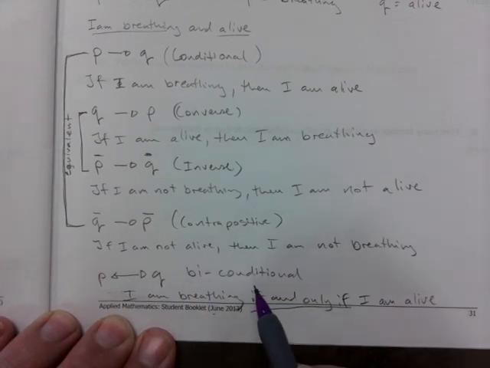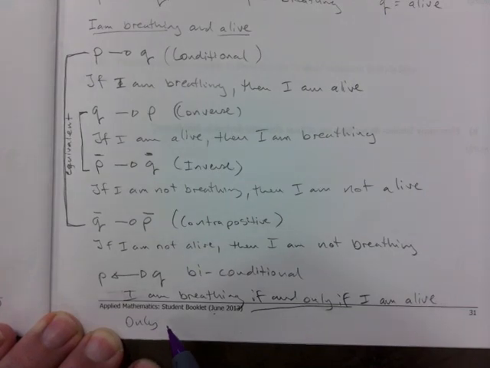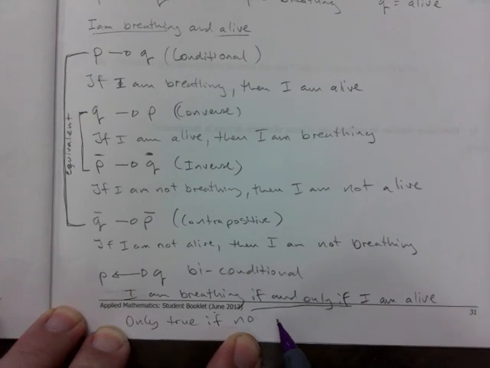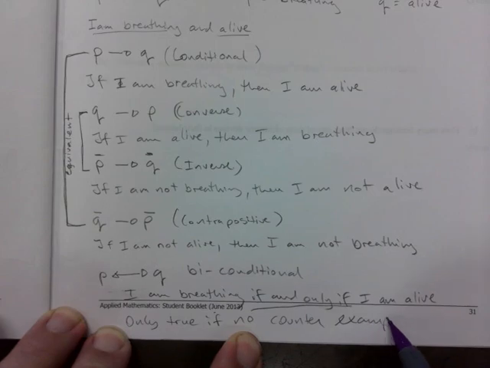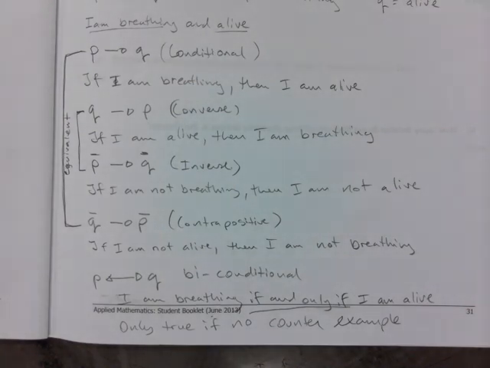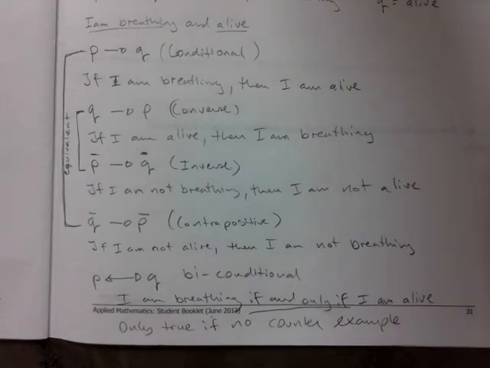The biconditional is only true if there is no counterexample. If there's no counterexample to be had, then the "if and only if" is true. Okay, so I'm going to highlight that.